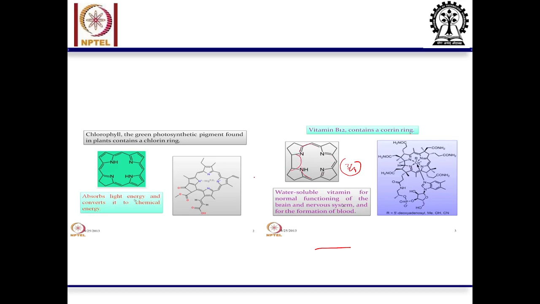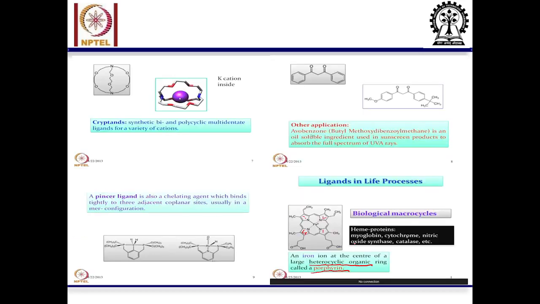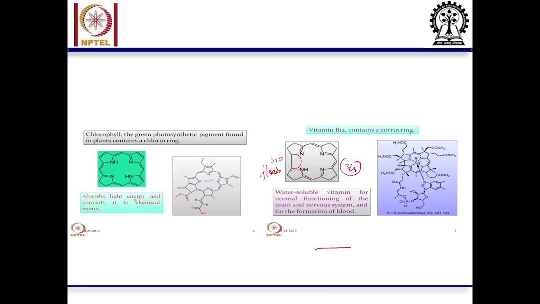But here we don't have that concept. Here this is an sp3 hybridized carbon, which gives flexibility because it's not planar, but this is completely planar. That ring is completely planar because it's all conjugated, but here it is not conjugated.